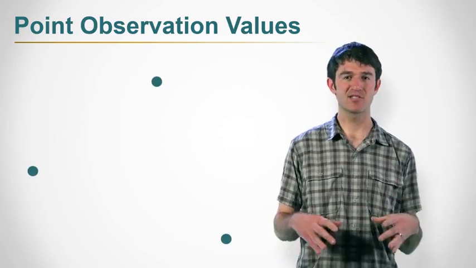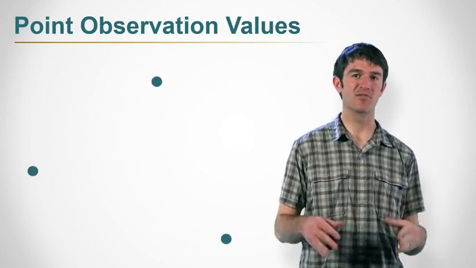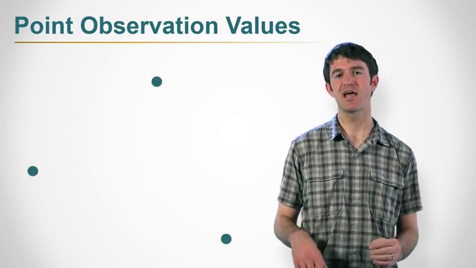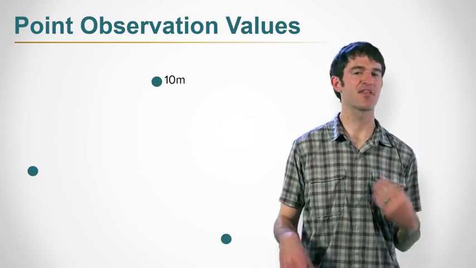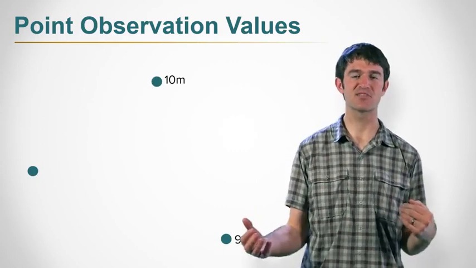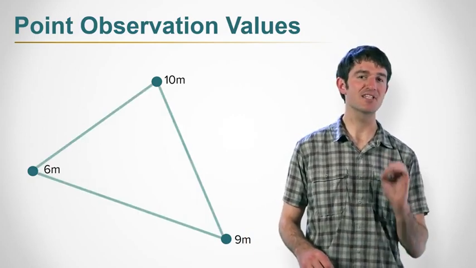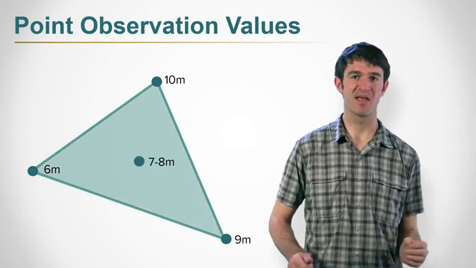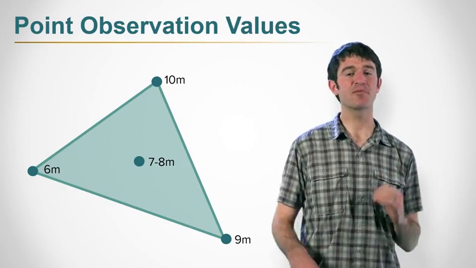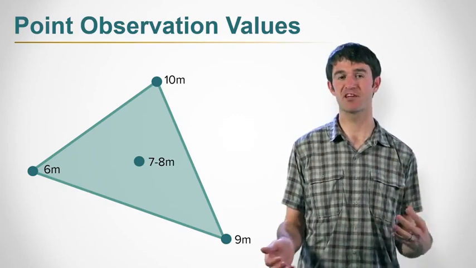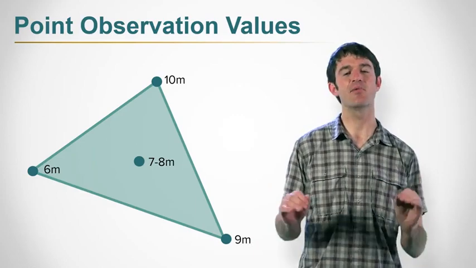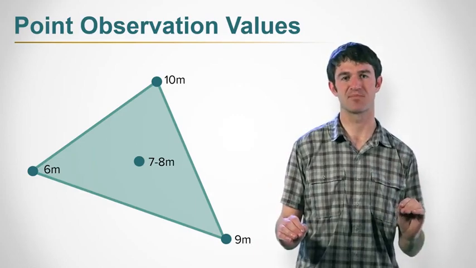If I have 3 points arranged approximately in a triangle where we captured elevation values, and one's value is 10 meters, the other is 9 meters, and the other is 6 meters, I can guess that the value in the middle of the triangle is somewhere around 7 or 8 meters. If we want to be more precise or perform this process with a larger sampling of points across a landscape, then we need to perform what's called interpolation.